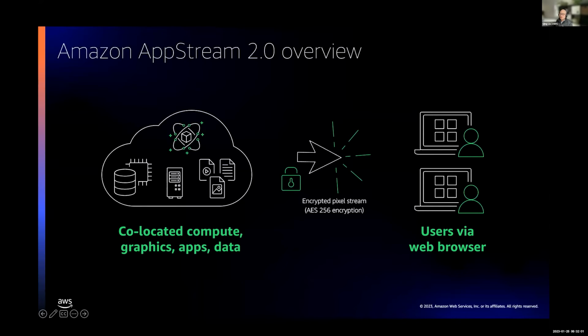All you need is a good and stable internet connection and a modern browser such as Firefox, Safari, or Chrome. Then you can use your browser to connect to the AppStream service and start using the virtual desktop environment. The applications available in this virtual desktop environment and the data remain on AWS. Only encrypted pixels are streamed to your browser, so it's a secure environment as well.